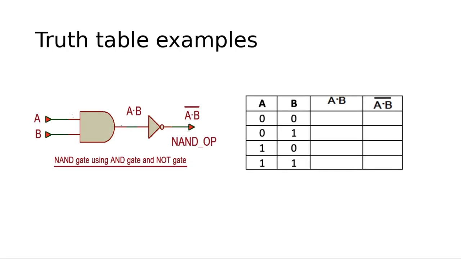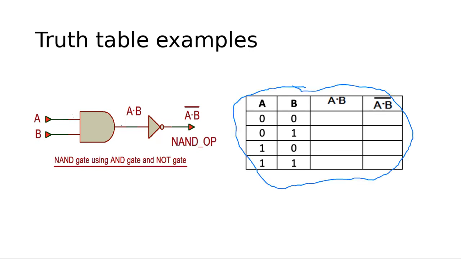As I said, I want to solve some truth table examples. I'm beginning with a simple one. I think you have paper and a pencil. Can you please fulfill this table? This is very simple.